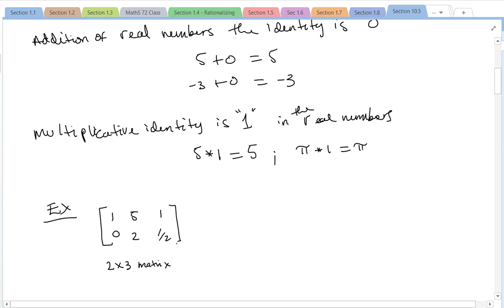The number of columns of the original matrix has to match the number of rows of the next matrix. So I need 3 rows for the next matrix, which means that I'm going to use I3. If I multiply this matrix by the 3 by 3 identity matrix, I'm going to get this matrix back.